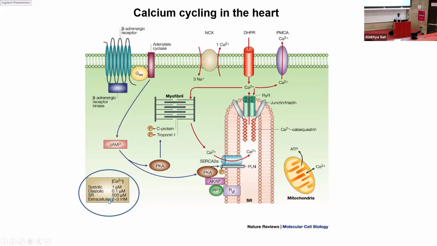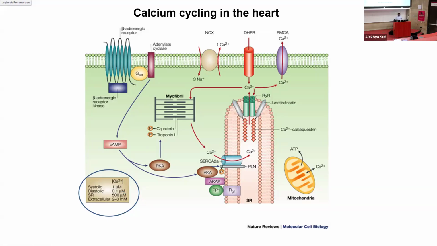Outside the cell, the extracellular matrix has 2 to 3 millimolar calcium, which is a normal calcium concentration. The systolic calcium, which refers to the calcium levels in the cytoplasm during cardiac contraction, is 1 micromole, whereas the diastolic calcium concentration is 0.1 micromole.